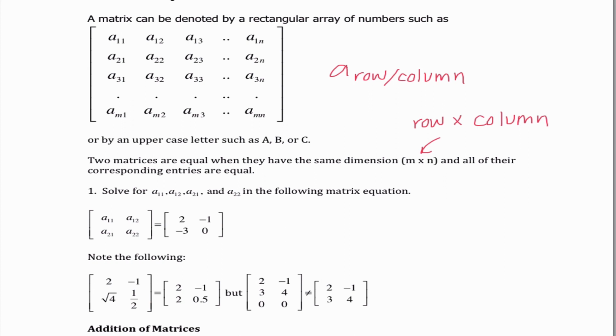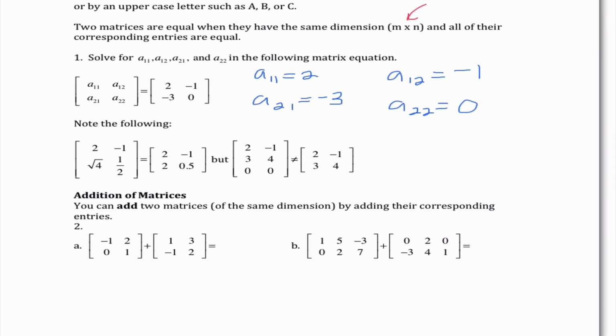So if I'm looking at example 1, since these two are in the same spot, we would say A sub 1,1 is equal to 2. A sub 2,1 is equal to negative 3. A sub 1,2, which means row 1, column 2, is negative 1. And A sub 2,2 is 0.